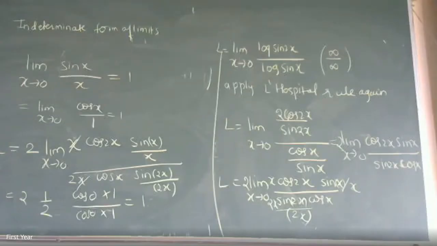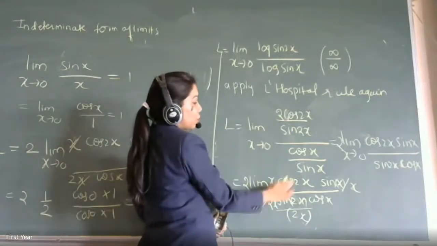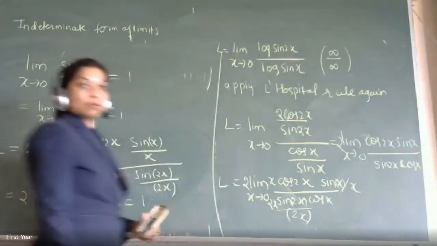Ma'am, in the last step, from where did the x come, x cos 2x? Yes, this cos 2x is the numerator, so cos x will be down in the denominator.